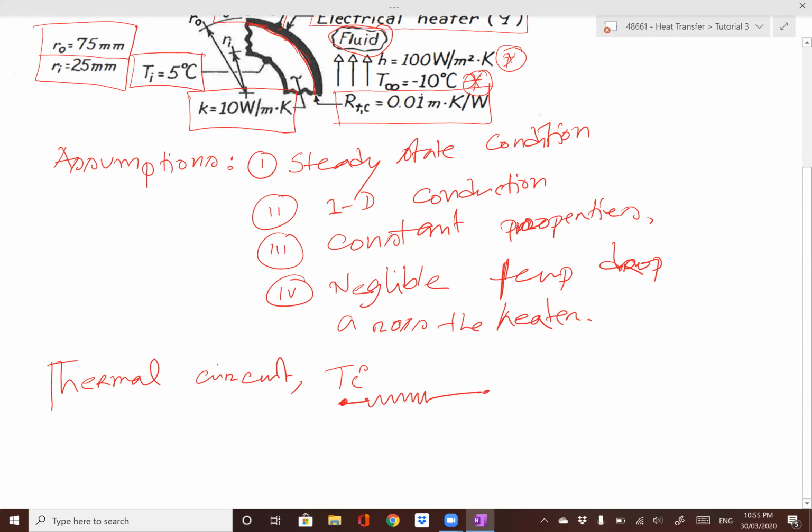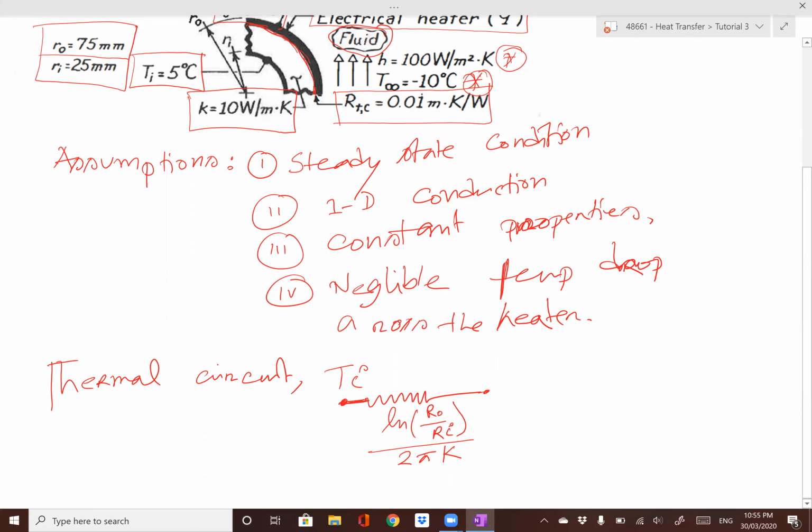Here the thermal resistance for cylindrical coordinates is log of outer radius divided by inner radius, over 2 pi k.